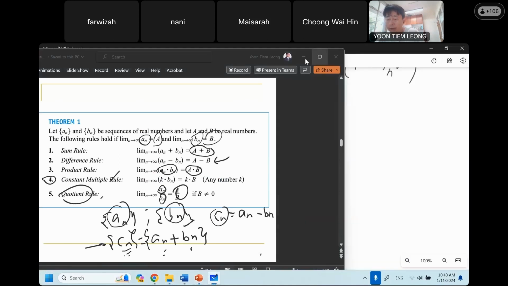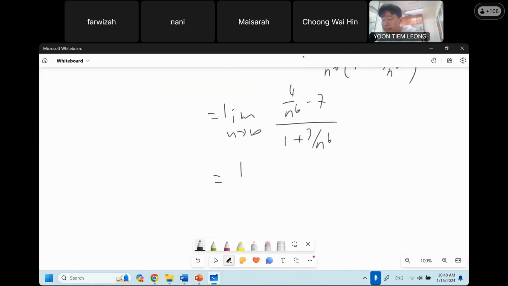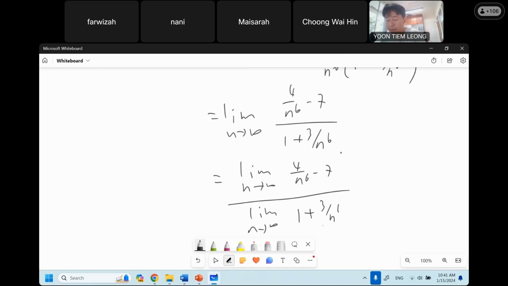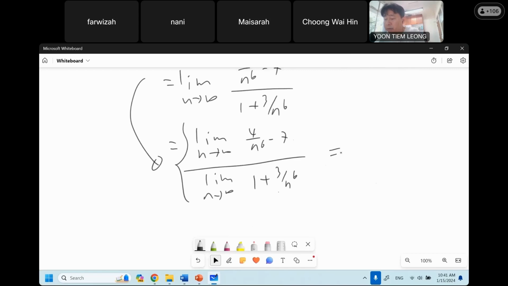So you can then write this as the ratio of the limit of the numerator over the limit as n goes to infinity of 1 plus 3 over n to the power 6. And this is written down from here by using the quotient rule that I mentioned. So then you proceed on. This will be just giving you 0. This will be just giving you 0. And you have minus 7 over 1. So that is the limit of the sequence.